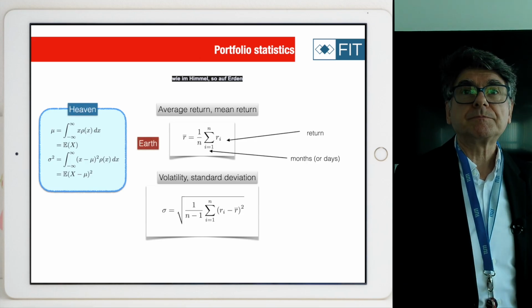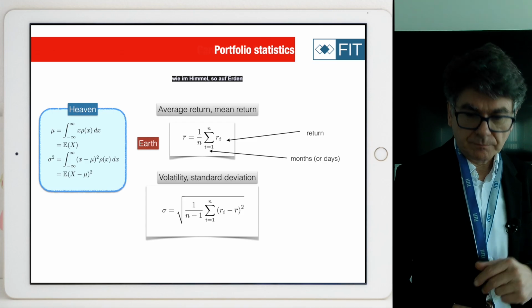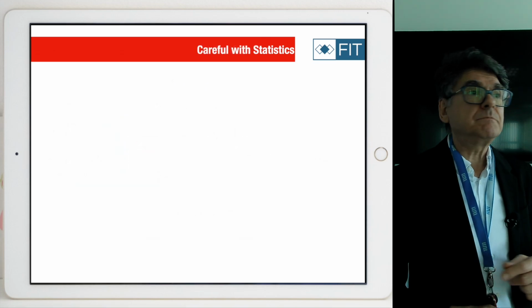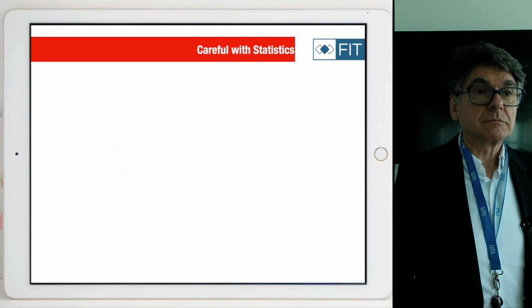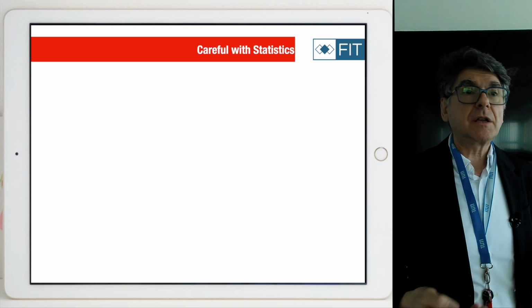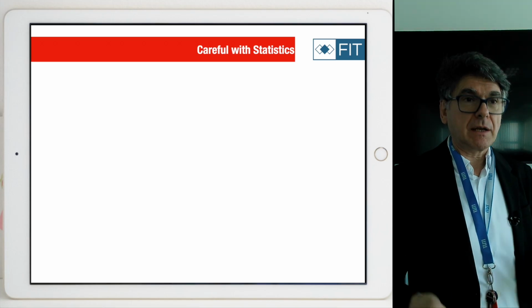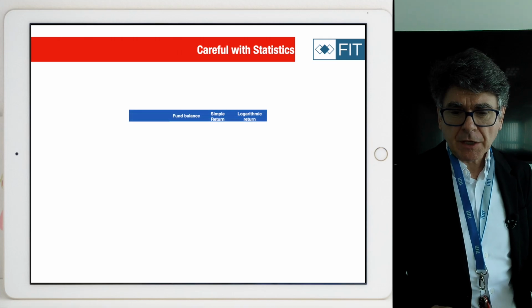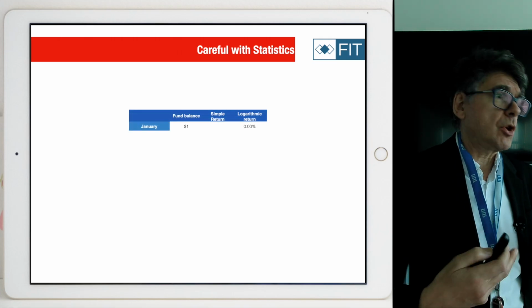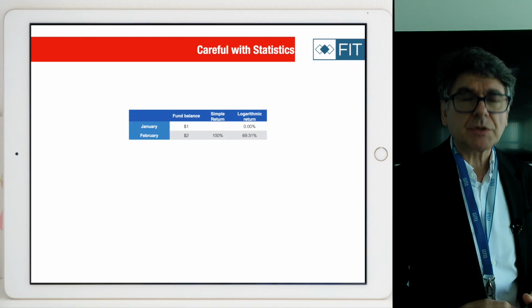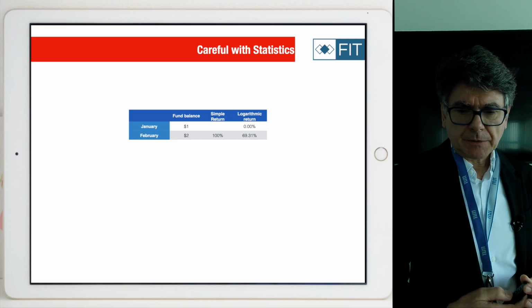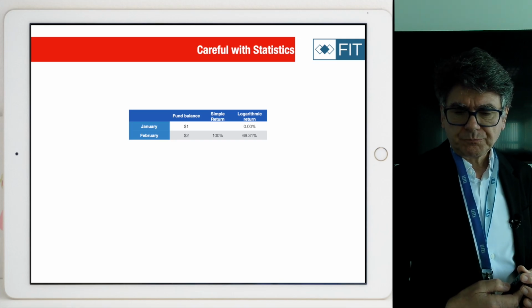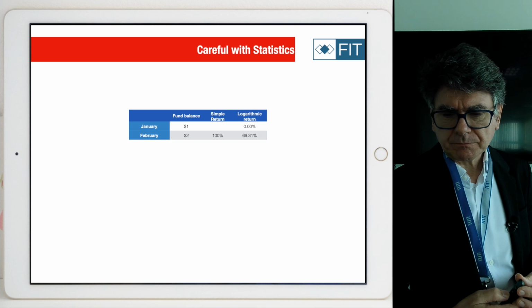Heaven and earth. Good. But there's more. We have to be very careful with the statistics, and we already saw this example yesterday. I'm going to go through that again. I'm actually not sure we saw this yesterday.